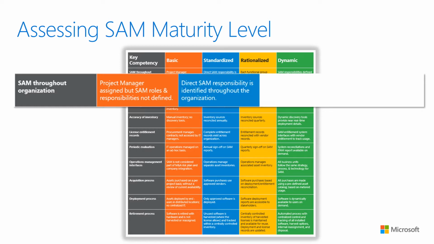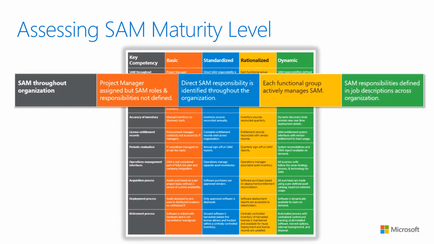Moving along to the blue box, the standardised level, they have SAM responsibility identified throughout the organisation, while in the yellow box, the rationalised level, each functional group not only has someone in charge of SAM, but they're actively managing SAM too.